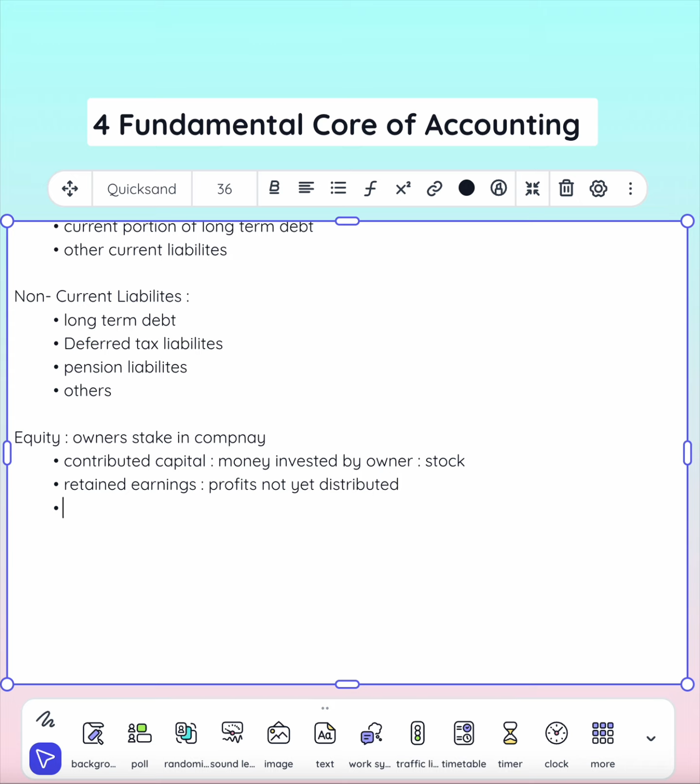You have treasury stock, which is shares of the company's own stock that it has repurchased. Then you have other comprehensive income, gains or losses not included in net income, such as unrealized gains or losses.